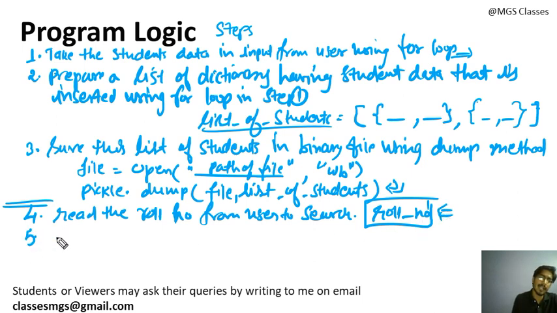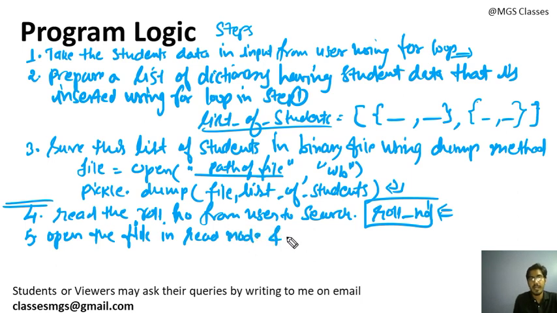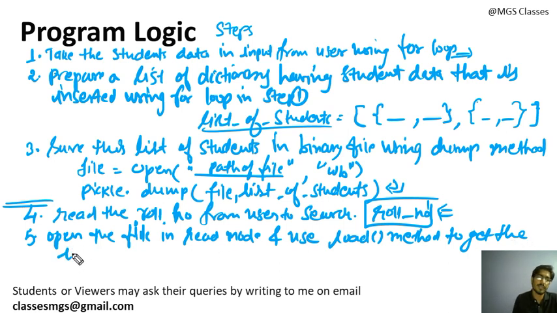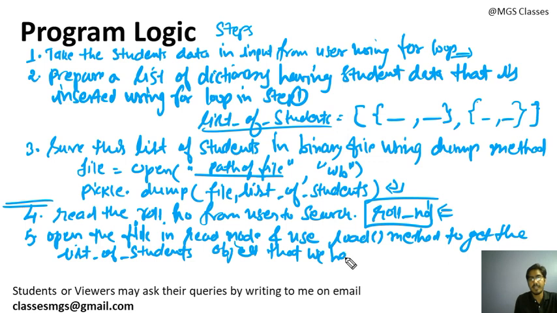Now we will open the file in read mode, and use load method to get the list of students object that we have stored in step 3. Okay, so how will you write?